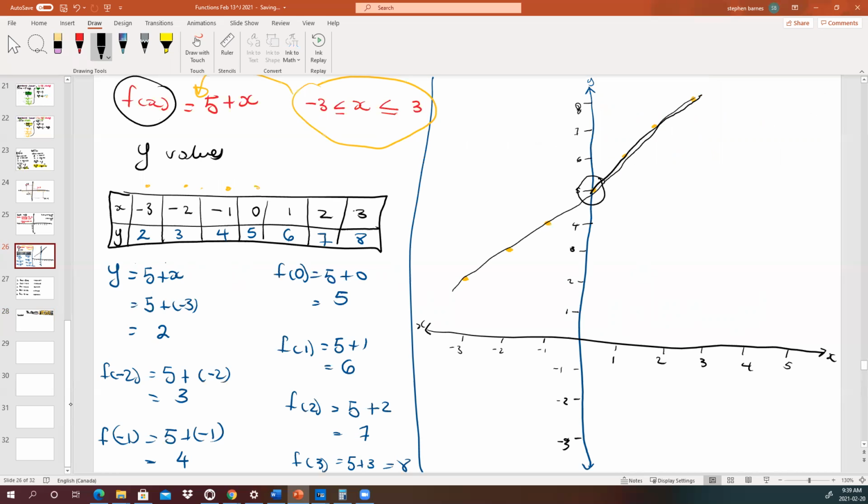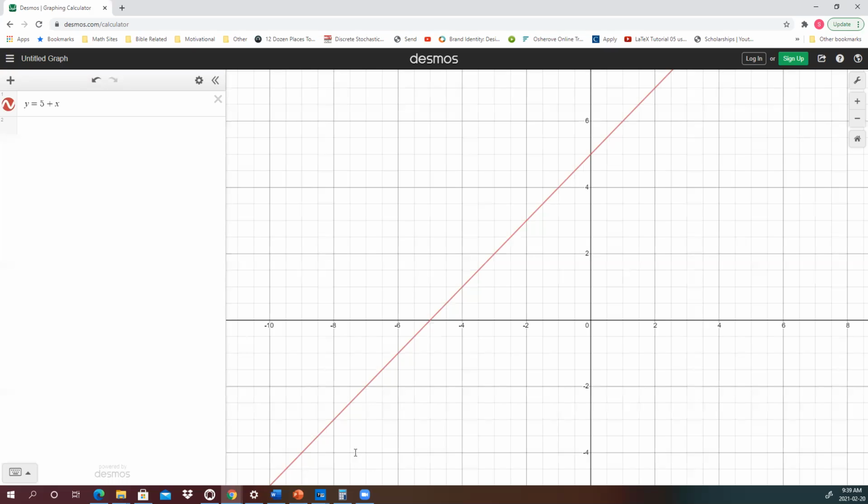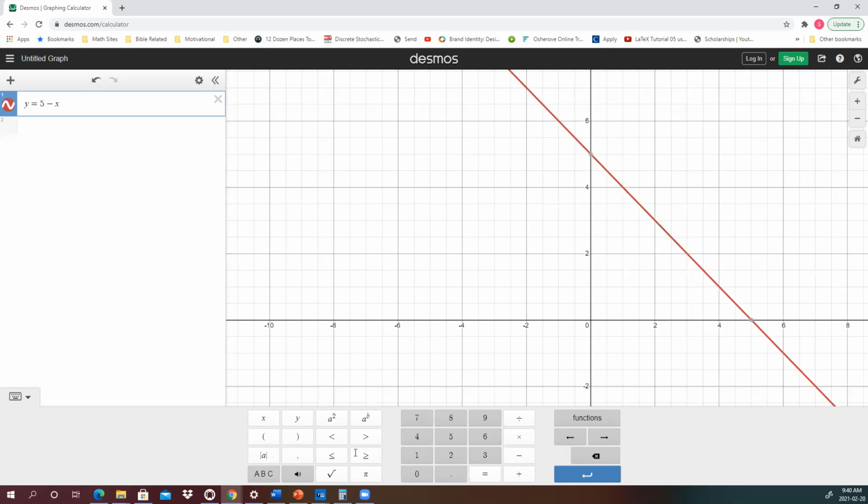When we plotted our graph here, this is the same 5 plus x function graph that we plotted here, and we see it slant this way, right? However, if I plot 5 minus x, you will see it slant the opposite way. Are you seeing that? Everybody seeing that?